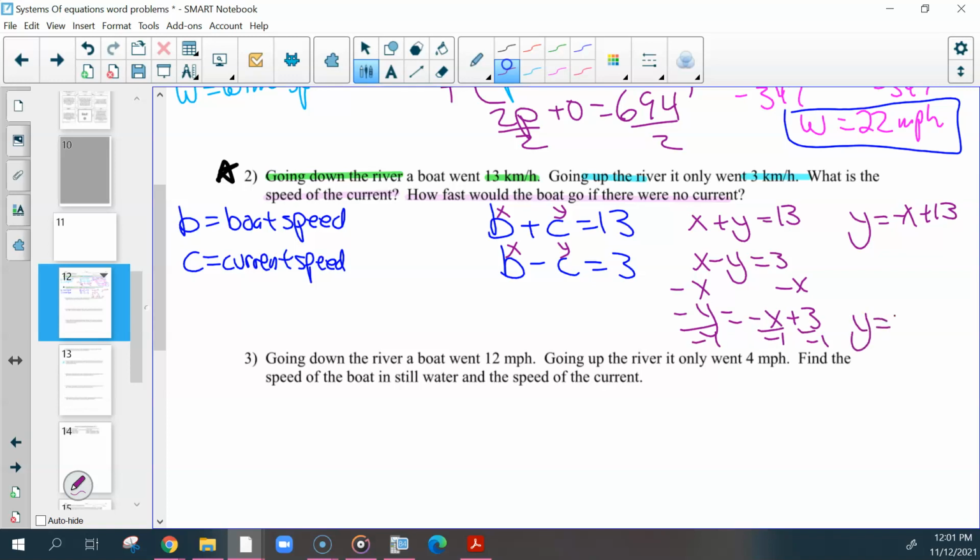The second is y equals positive x minus 3. Once you have your two equations, go into your y equals on your calculator and put those two equations in: negative x plus 13 and x minus 3.